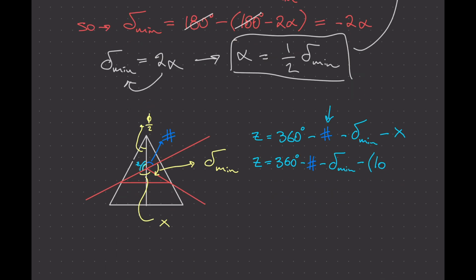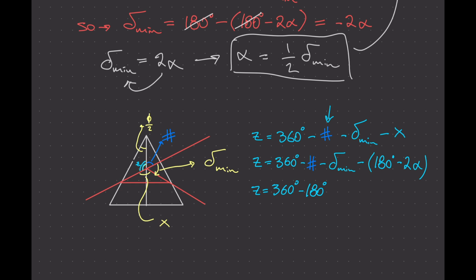So I'll again do brackets, 180 degrees minus 2 alpha. We can replace alpha, but let's do some simplification here. So I have Z is equal to 360 degrees minus 180 degrees.